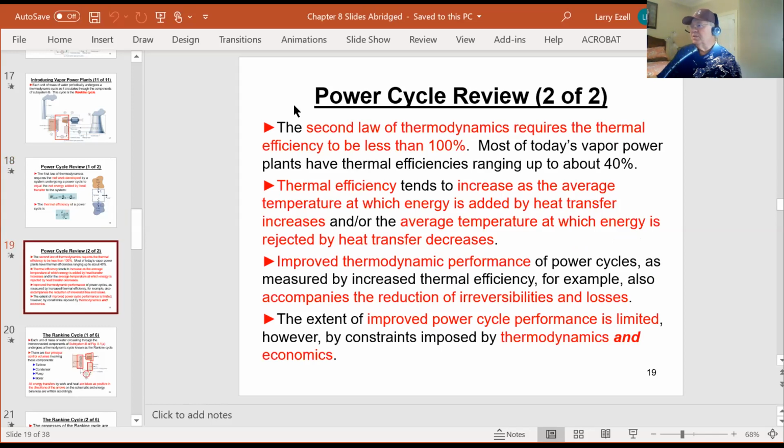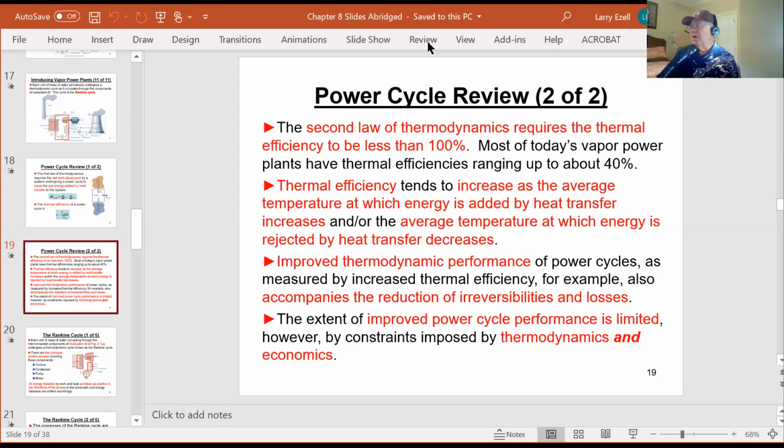Now, that's what these two said. There are many, many ways to improve the thermal efficiency of a Rankine cycle, and they're in practice today. We won't be able to get into those, we just don't have time.